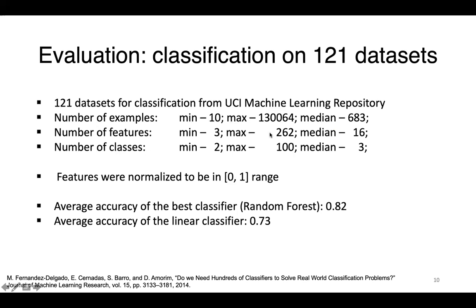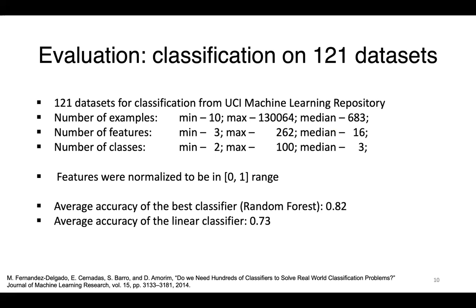And so in all experiments, the data was pre-processed by normalizing features to the 0-1 range. And this is the only pre-processing step. And Delgado et al. were actually the first authors to introduce these data sets as a benchmark for classification accuracy.